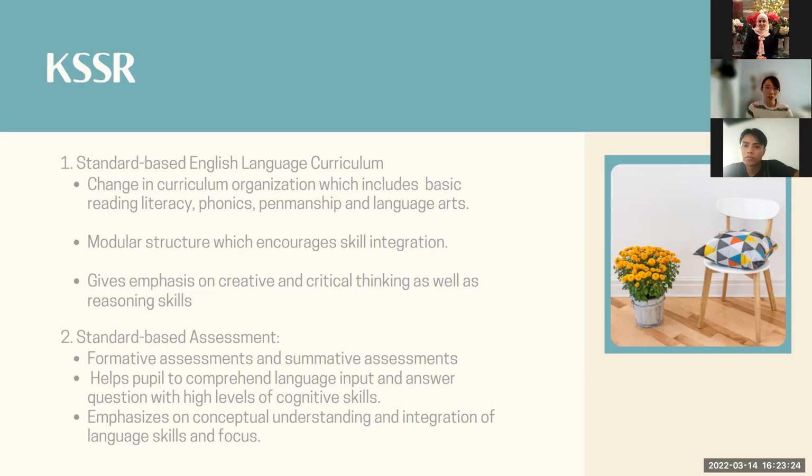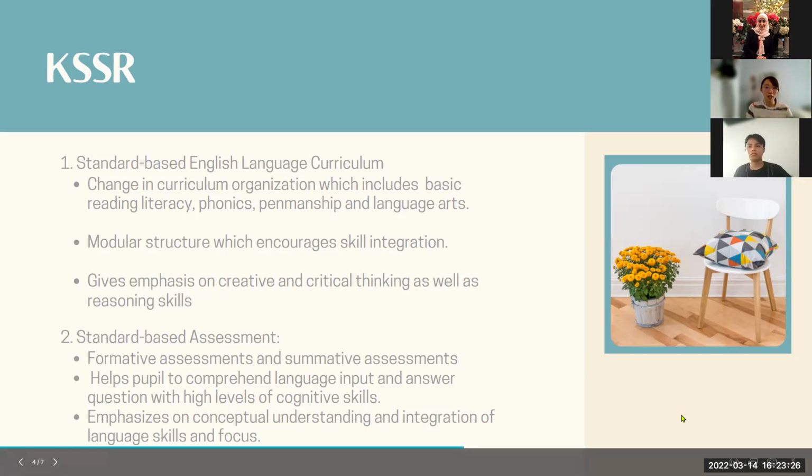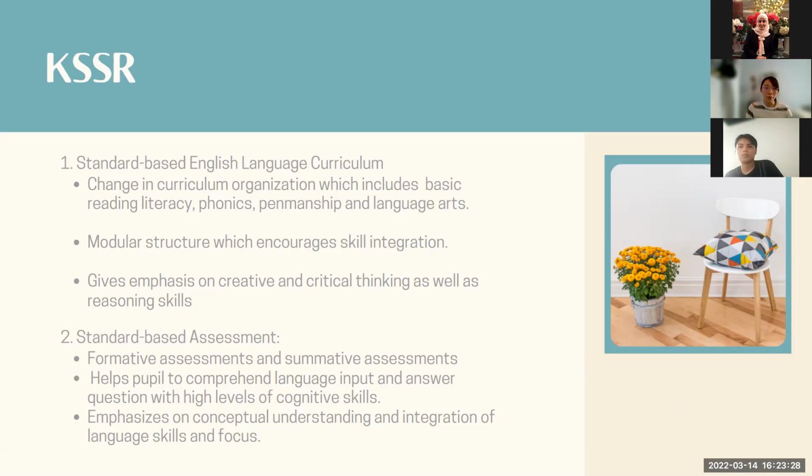In the modular structure, let's say for primary one, they have three themes that will cover the whole year, and within each theme there are modules. Inside each module there will be skill integration.